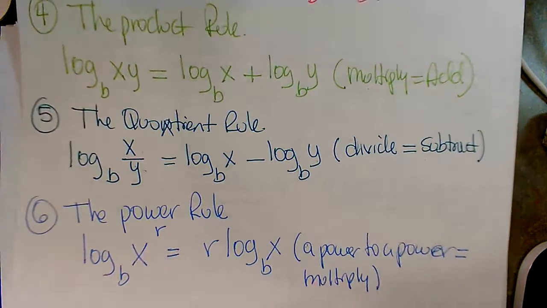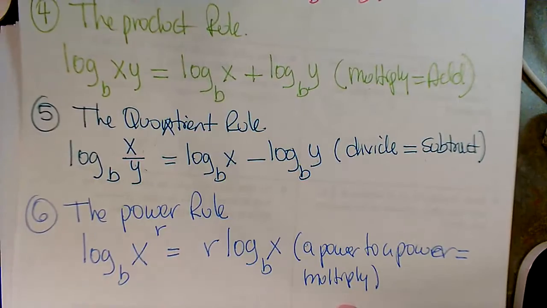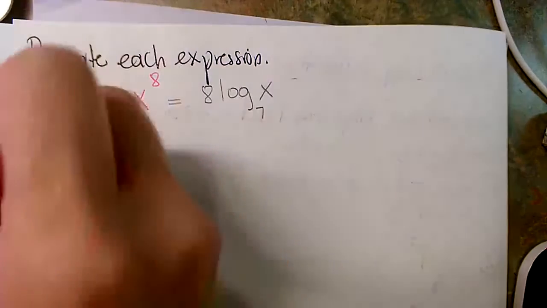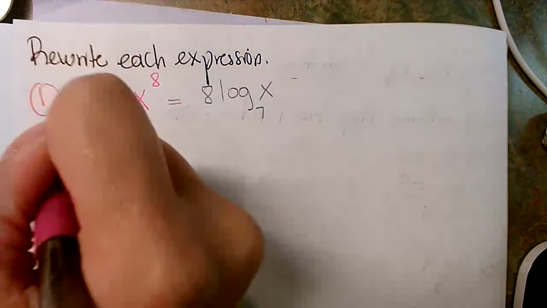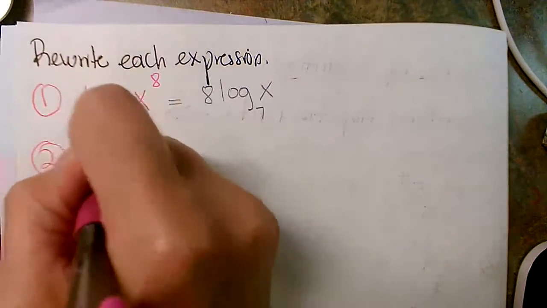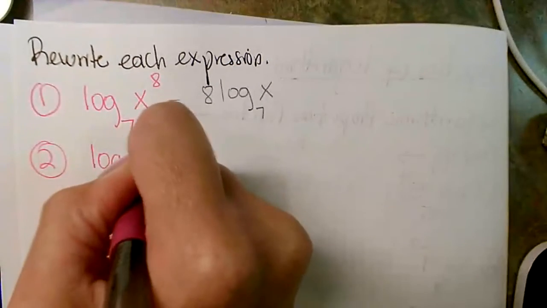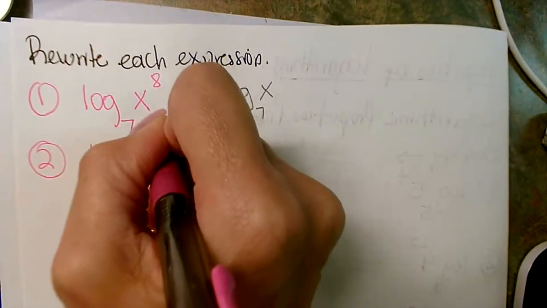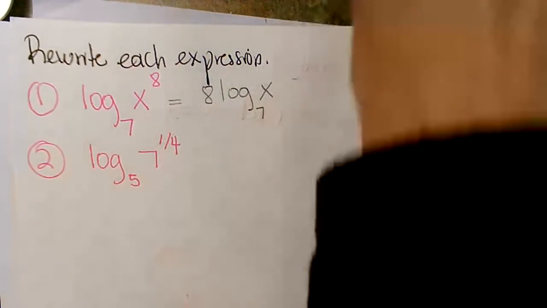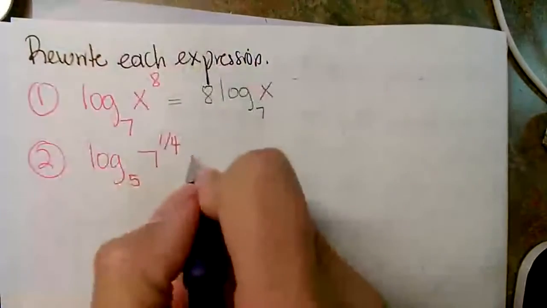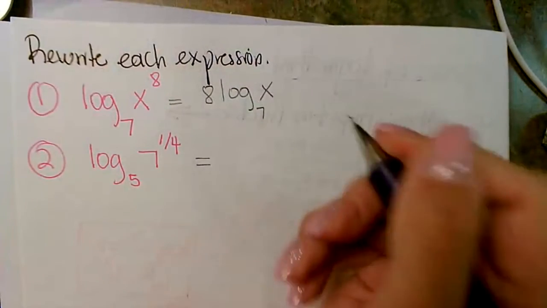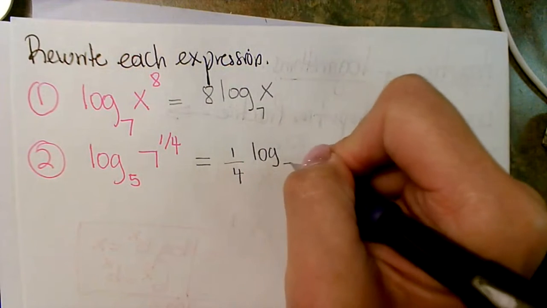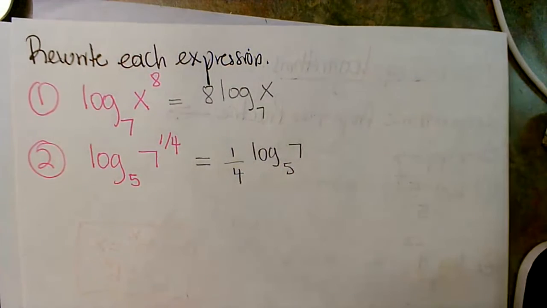A power to a power is equal to multiplied. I did that there. Now this one, log base 5 of 7 to the 1/4. The same, right? Bring the 1/4 down: 1/4 log base 5 of 7.